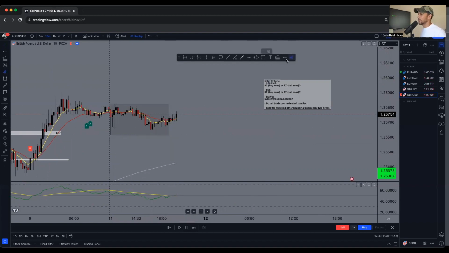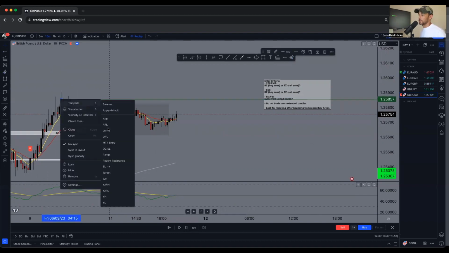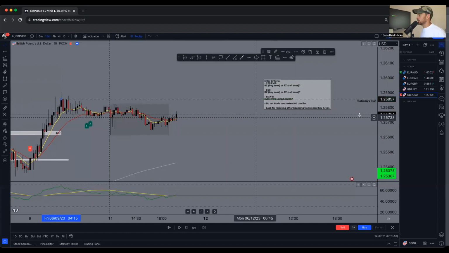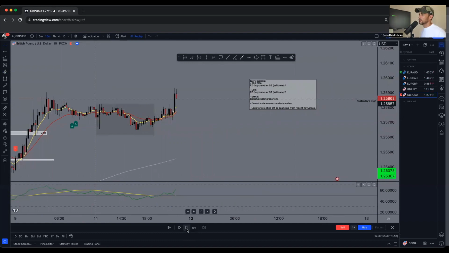I do want to mark, though, yesterday's high. So that's yesterday's high. Also want to mark the start. This is VWAP. See if there's support. VWAP is just another indicator. We'll just continue. There we go. So this is what I like to see.